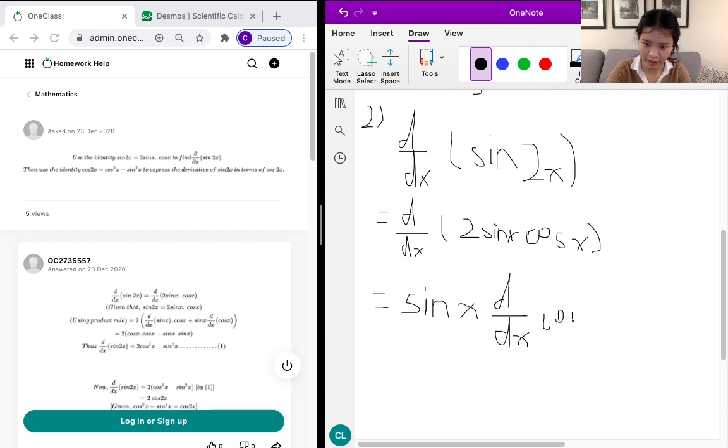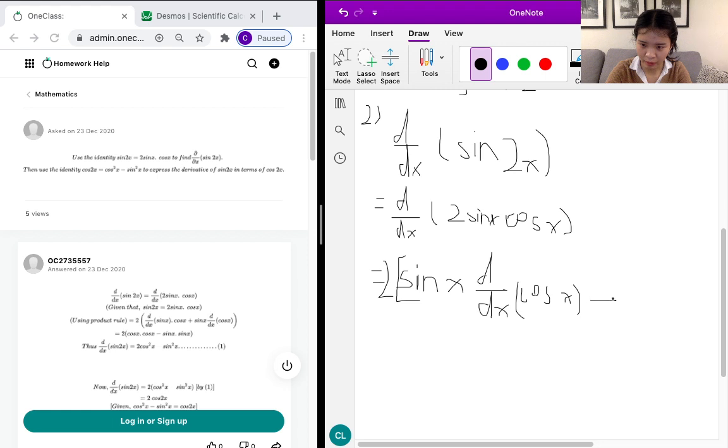So we have sin x times the derivative of cos x over here. And obviously we still have to multiply the entire expression by 2. I'll just do a square bracket over here. And we would add that to the derivative of the first expression, so d over dx of sin x times cos x. I'm just going to write it down here because we don't really have a lot of space up there. Okay?